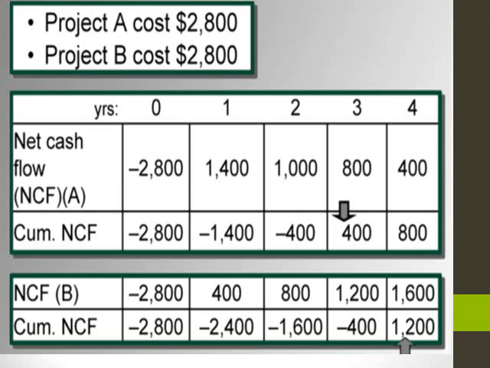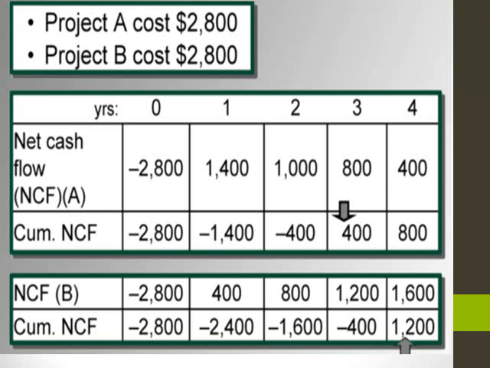Now I'm doing exactly the same with project B. I start with the minus 2,800, which is my initial investment into that project. My first cash inflow is plus 400. So I take the minus 2,800, add the 400, and I get still a negative number of minus 2,400. I add the second year's cash flow, which is 800, and I still get minus 1,600.